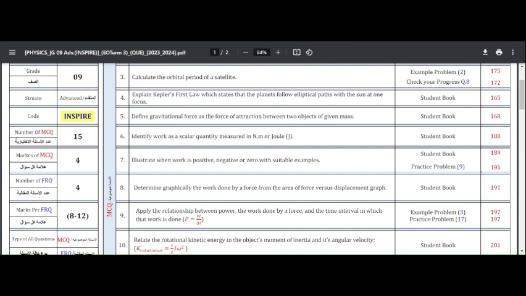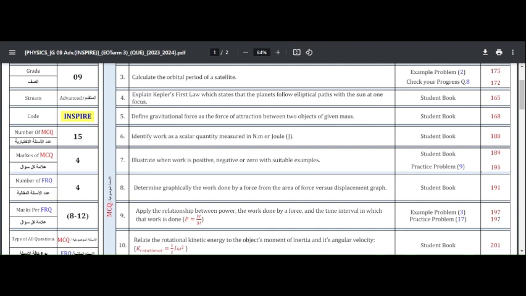Okay, and then another kind of calculation would be the ratios, like the time period T squared is proportional to R cubed, the radius of the orbit of the satellite. So this is another way.